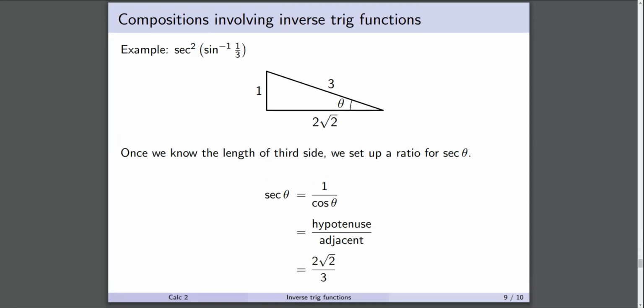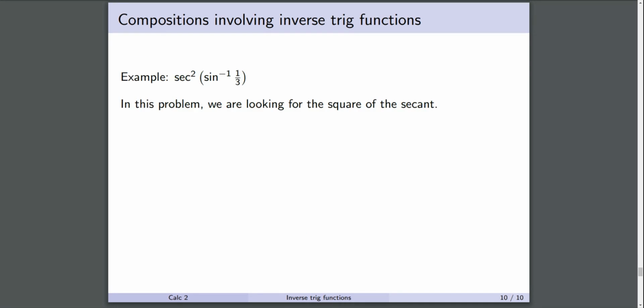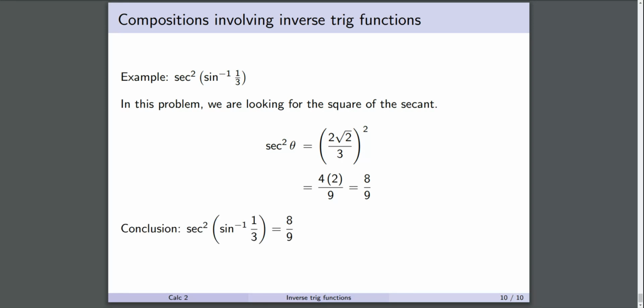For the triangle that we're looking at here, that ratio is 2 root 2 over 3. This particular problem is asking for the value of secant squared, so we're going to take the number that we got on the last step and square it. I laid that out here. And the final answer to this second example is 8/9.